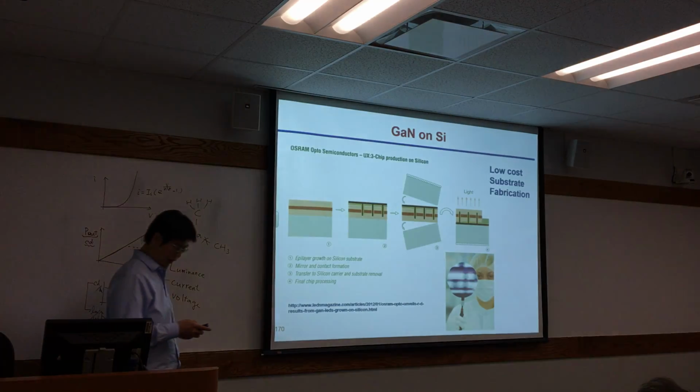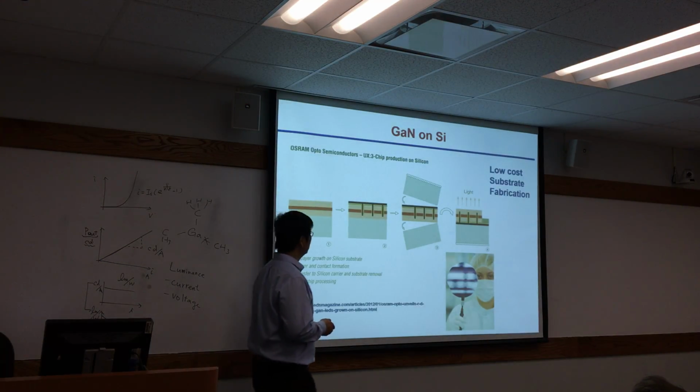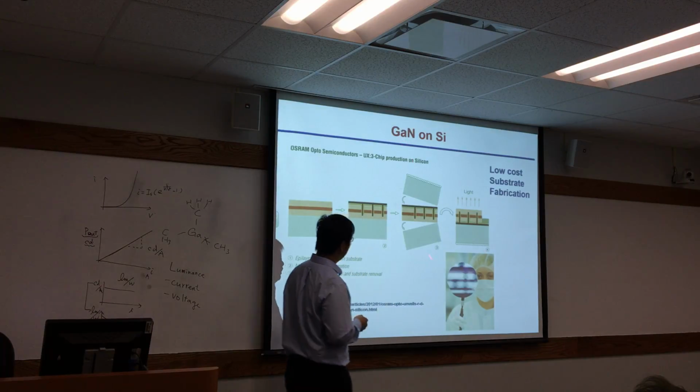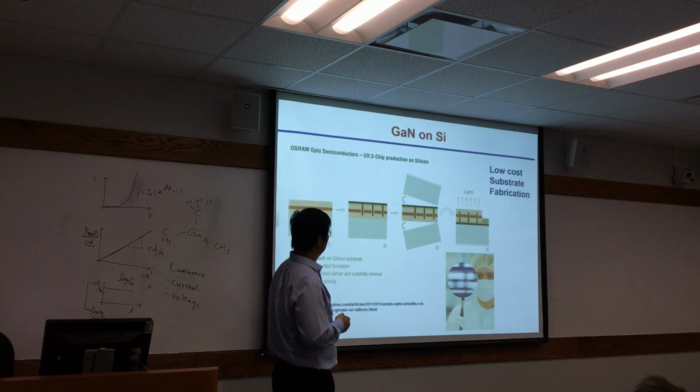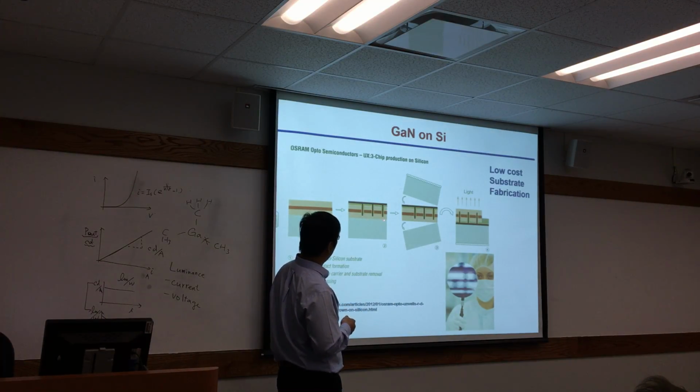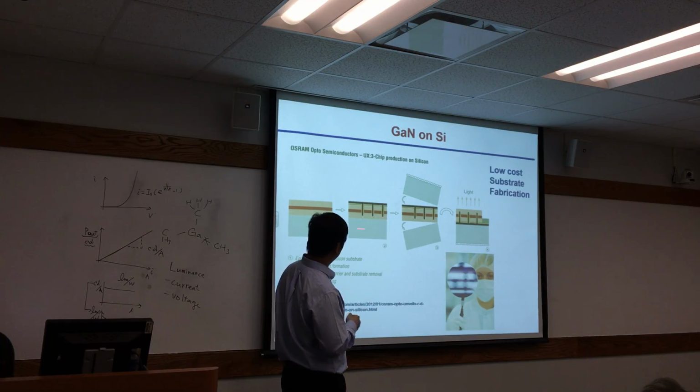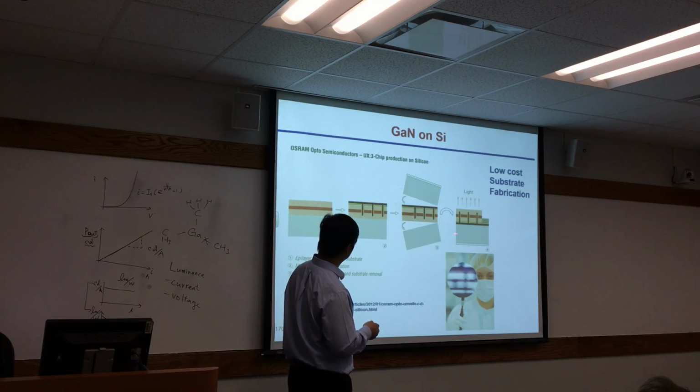And there is some other thing. For example, we can put the gallium nitride on silicon. So we can transfer. For example, here is the sapphire, and we can transfer to the silicon, so the light can go out. And here we can have the metal layer, so that we don't need a very good P-type material. We don't need a very good P-type conductivity.